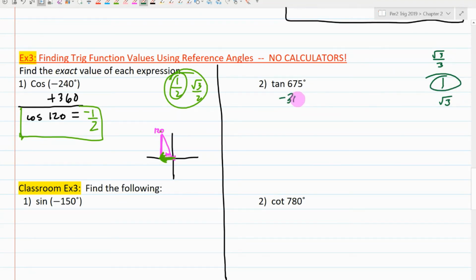So I'm going to subtract 360. If I subtract 360, I get tangent of 315. So 315 is in the fourth quadrant. That's a 45-degree reference angle. Tangent is slope, and that's sloping downward, so that will be 1. Actually, negative 1 because it's sloping downward.